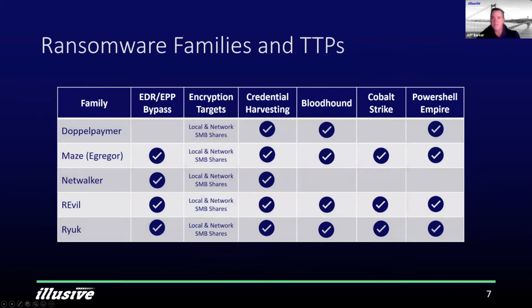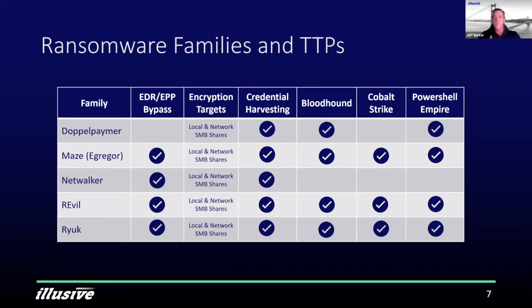The real message here is that if we look at all the different ransomware families, there are consistent TTPs that span all of these, right? So if we think about our lateral movement and how we respond to one of these, making it more difficult for the attacker to harvest credentials, dumping LSASS and running it through Mimikatz or LaZagne or what have you, will help us in all these areas.